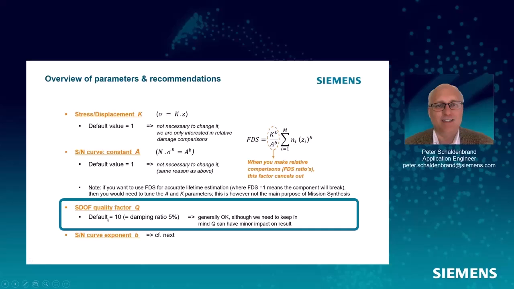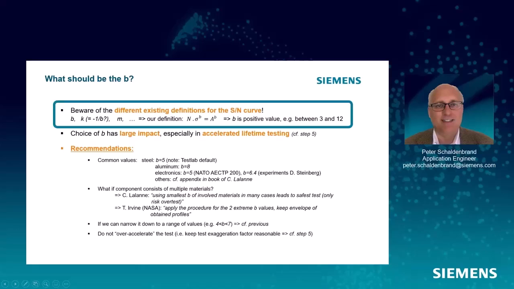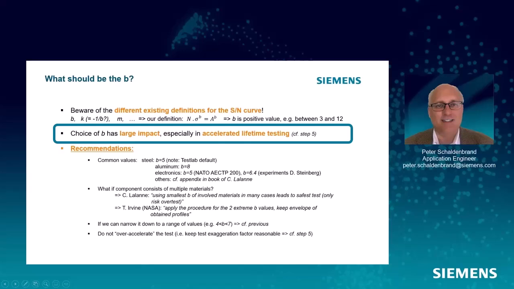Okay, the quality factor, typically we see 10, which is a 5% damping ratio. And we want to talk a little bit more about the B. The B is really important. The B is the slope of the SN curve. The B affects how much we need to raise the amplitude of the PSD to get a certain time reduction. Remember, the only way in the frequency domain to accelerate a test is to increase the amplitude. That's the bad news, because that's going to make us ask whether we raised the amplitude too much.